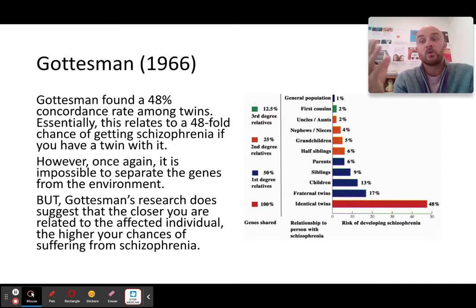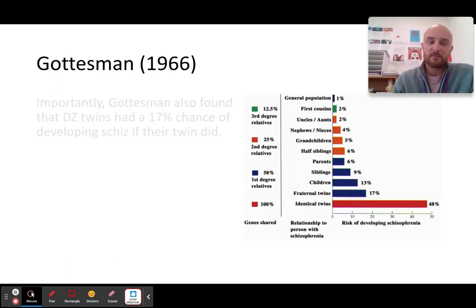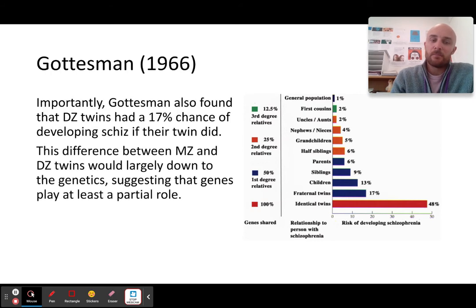Dizygotic is two zygotes, so you're non-identical. But yes, you essentially have this situation where your MZ twins are much more likely to get it than your DZ twins. And that is this important point here. Gottesman also found DZ twins have a 17% chance. The difference between MZ and DZ would largely go down to genetics.